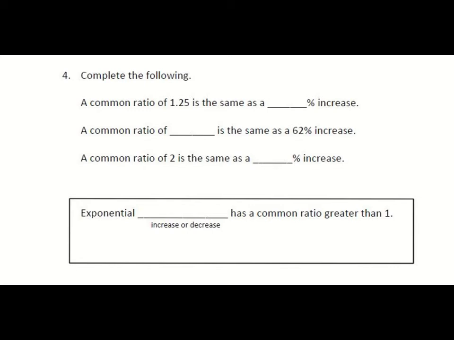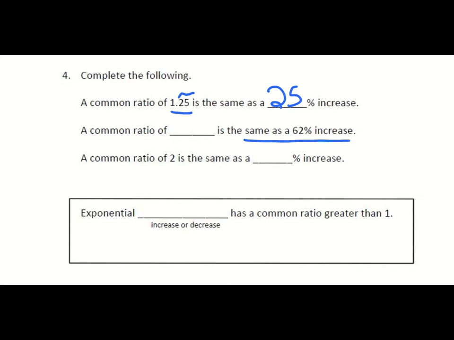Okay, so this is just a summary of the last couple slides, talking about the exponential stuff we've just gone over. A common ratio of 1.25: anything that's over 1, just look at the decimal above 1. So 1.25 is the same thing as a 25% increase. A common ratio of blank is the same as a 62% increase.